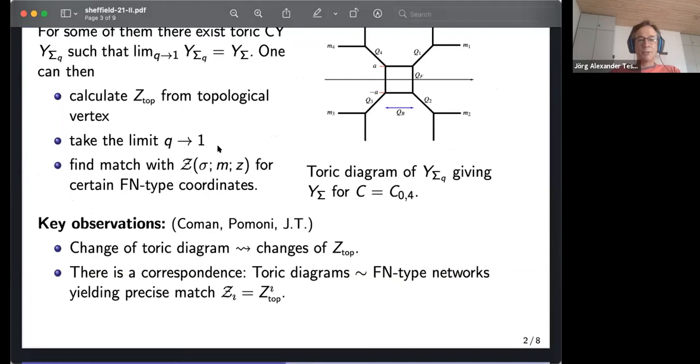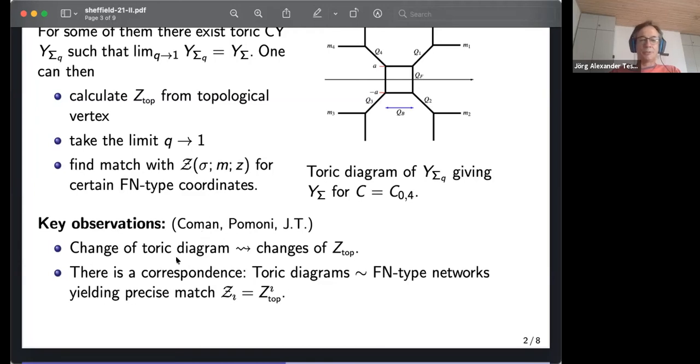You can take the limit q equals 1, and in fact there is a match with the z's which appeared in the expansion of the tau function for certain Fenchel-Nielsen type coordinates. That is the thing you have to be careful about, namely what precise coordinates you have to use in order to find a match.